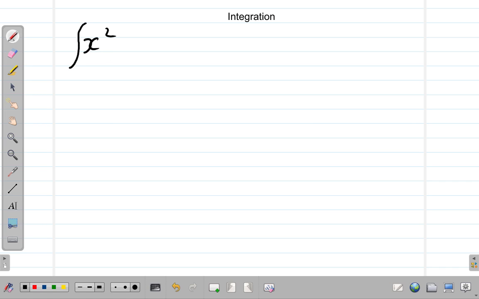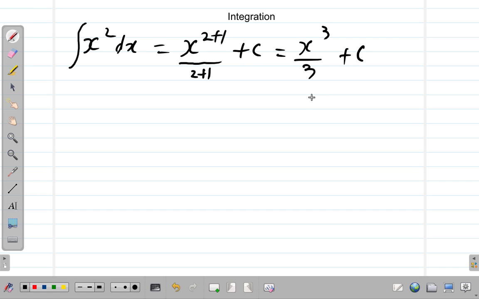You're going to integrate x squared with respect to x. What do you get now? You say x to the, you increase the power by 1, 2 plus 1, and then you divide by the new power, 2 plus 1. And you add the constant of integration, which is x to the 3 over 3 plus c. Alright.